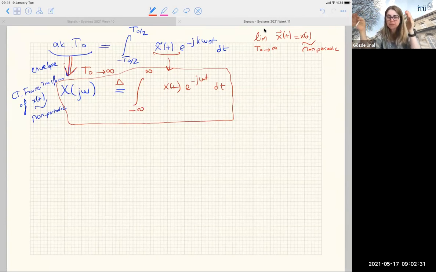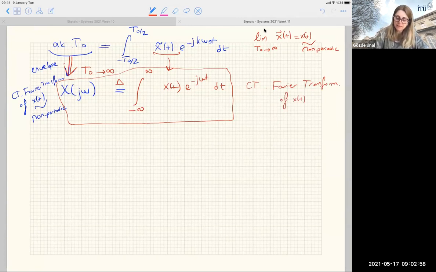For a periodic signal, push the period to infinity, you see we are approaching the envelope of that. You see a continuous approximation of that frequency spectrum. This is the idea. Actually, I really like this derivation. It's an intuitive derivation. We could have just defined it actually.